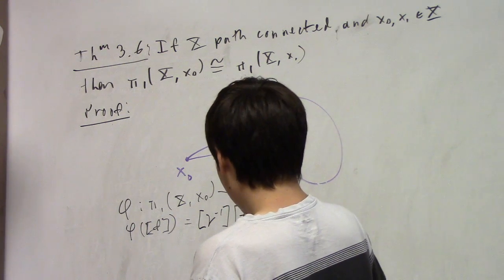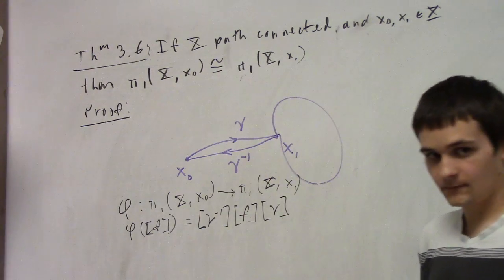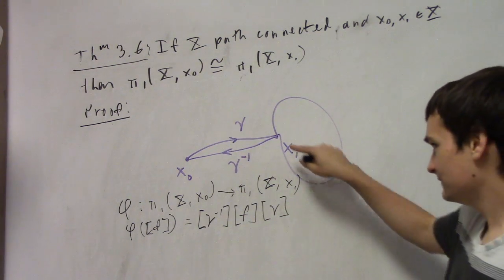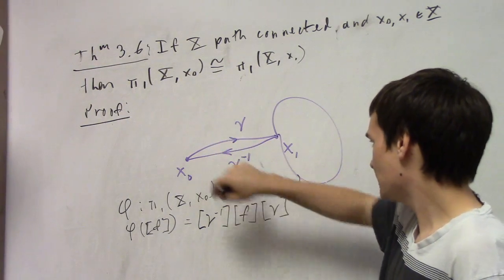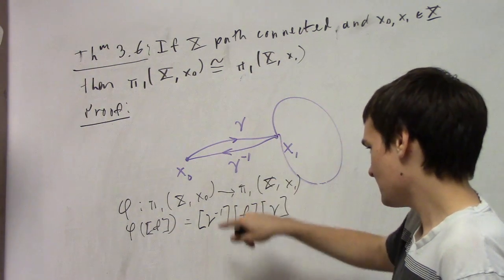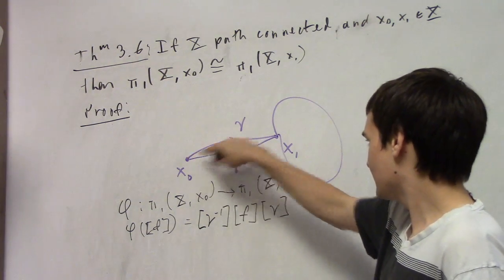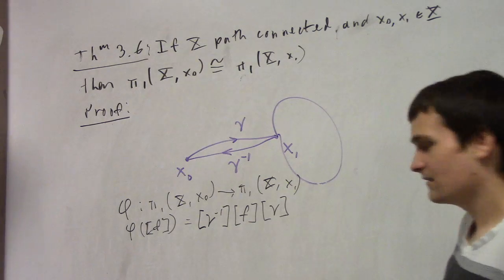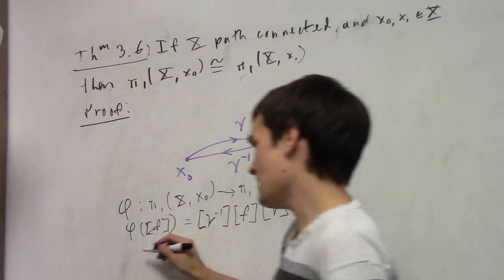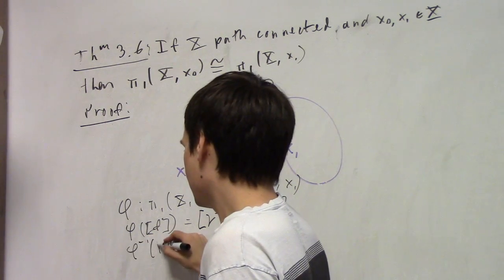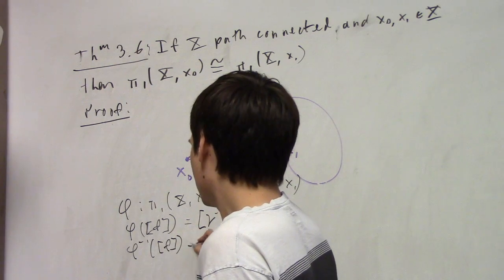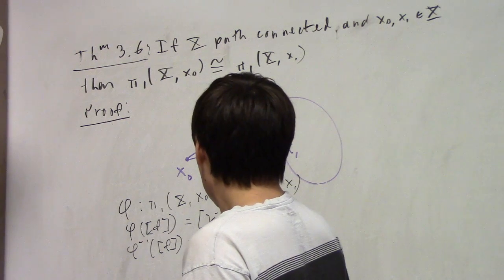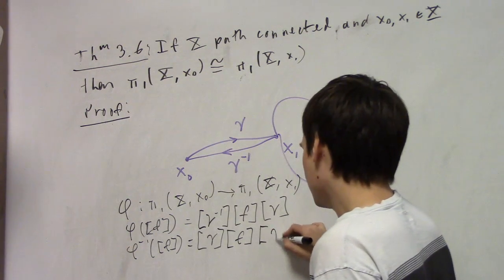So essentially what you just did, gamma F gamma inverse, that's actually the inverse map. Well, yours is kind of backwards from this, but it's just a different picture, and the same concept applies.